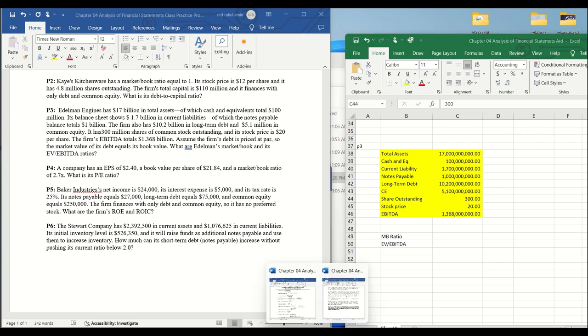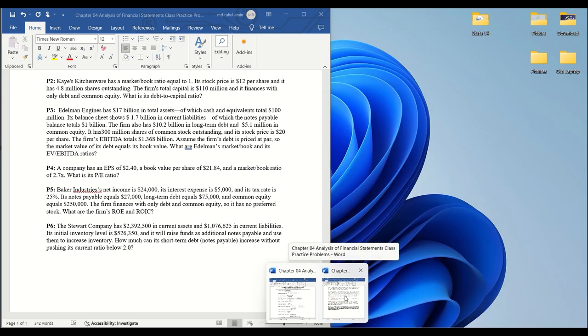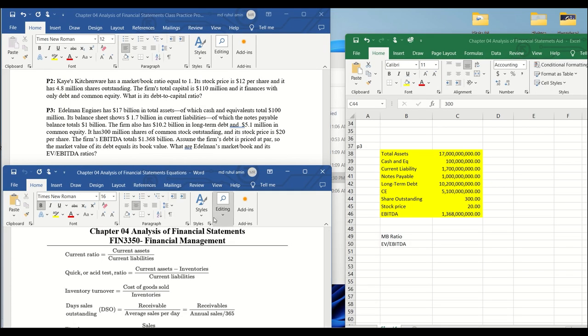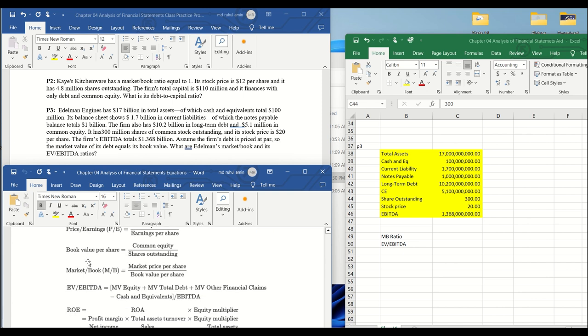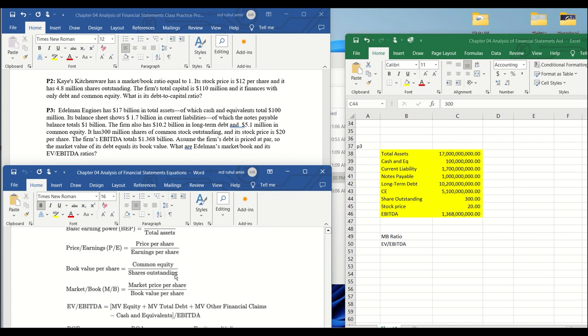Okay, now what's the book value? If we go to our formula, book value is common equity divided by shares outstanding. The volume of common equity is this, divided by shares outstanding.